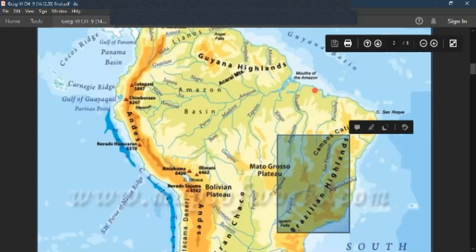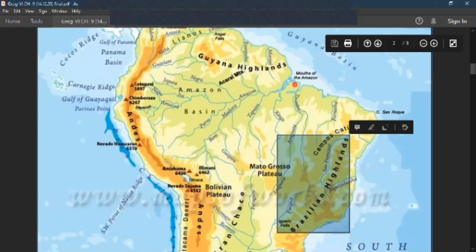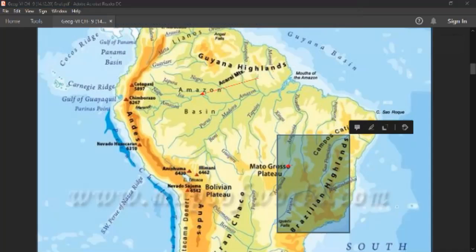These highlands extend in the eastern part of the continent along the Atlantic coast. The Eastern Highlands rise steeply in the east from the Atlantic coast and are gentler in the west.